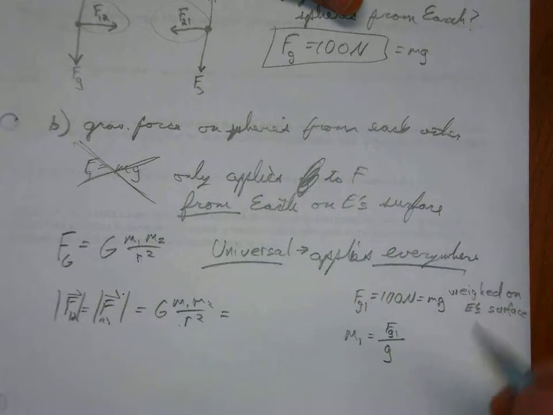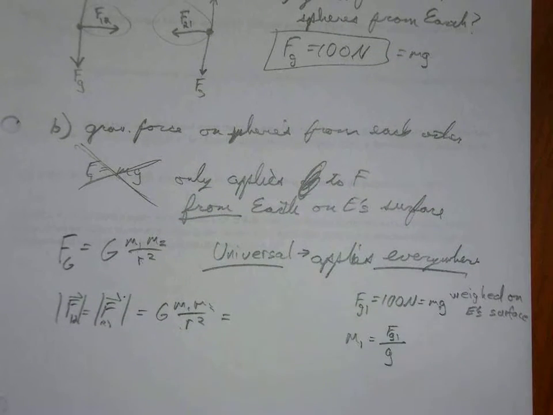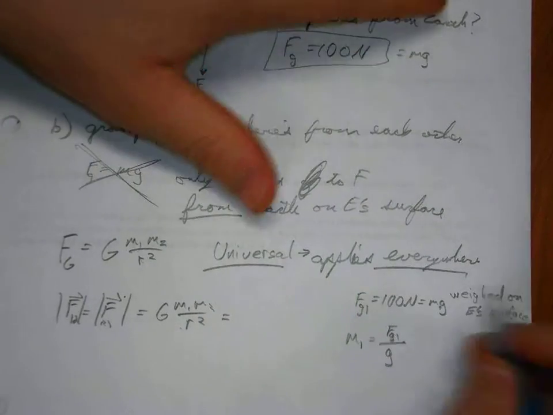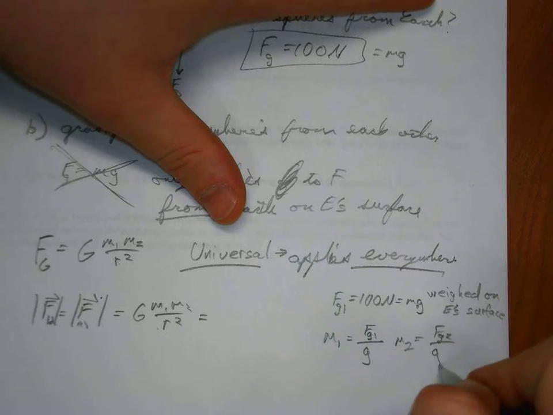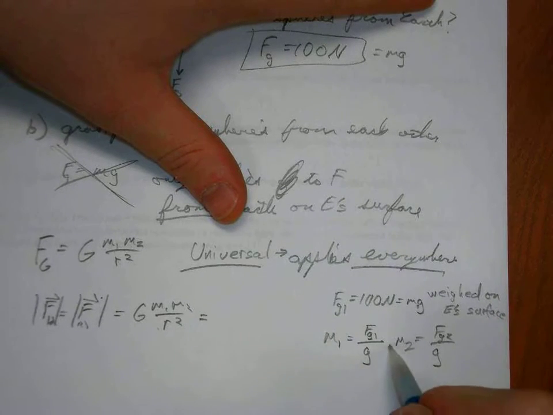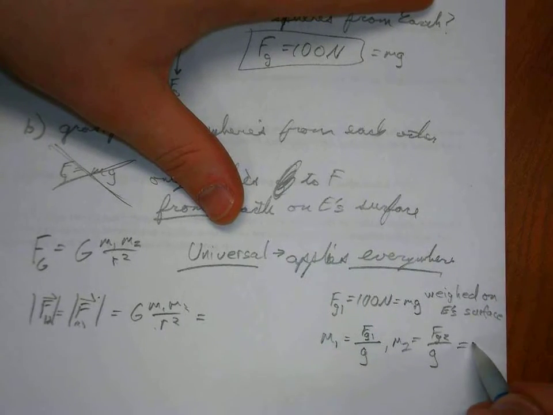Mass is just mass. It's like a meter. A meter is the same here as it is on the moon. The mass is the same here as it is on the moon. Okay. And we also know that m2 equals Fg2 over g, because it's the same thing. And I can even just put equals m1.